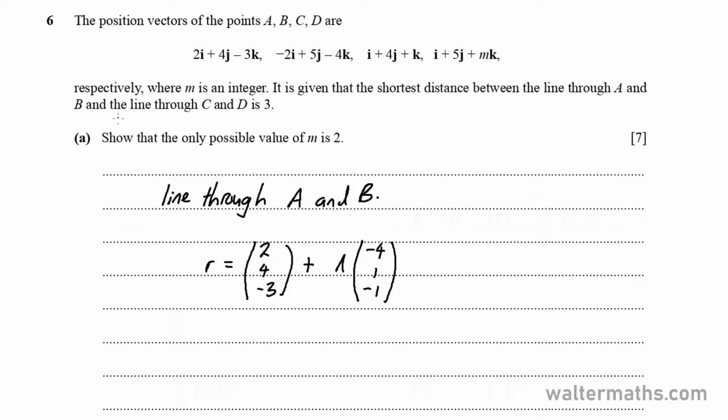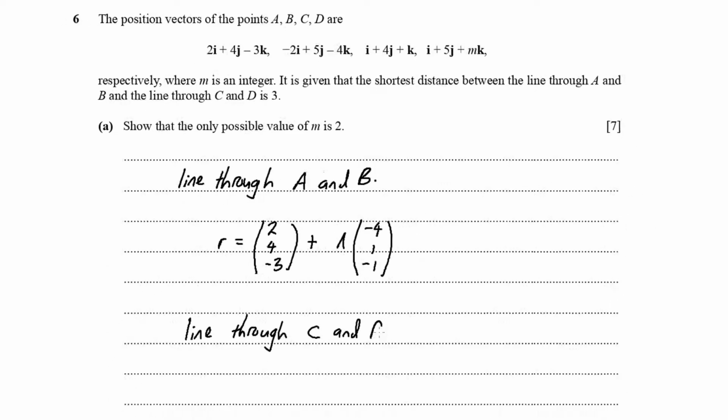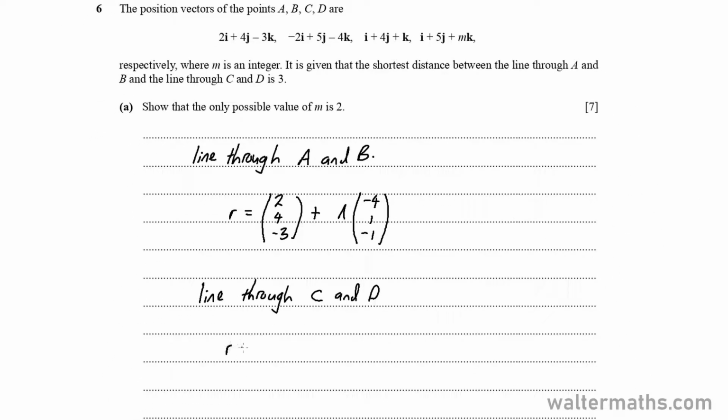Now we also have in the question the line through C and D. Now the vector equation of this line will be r is equal to, and we take the position vector of any point on the line.